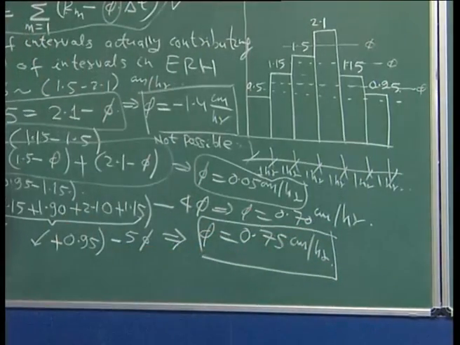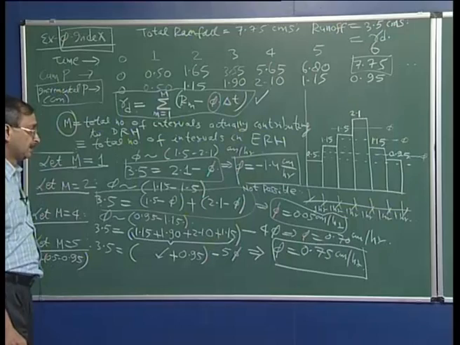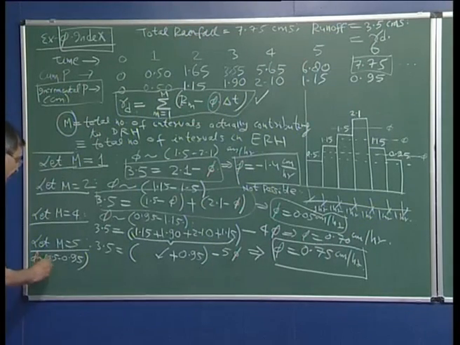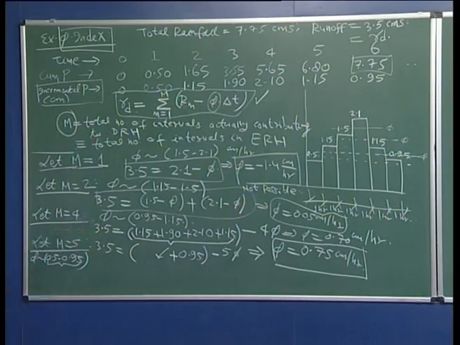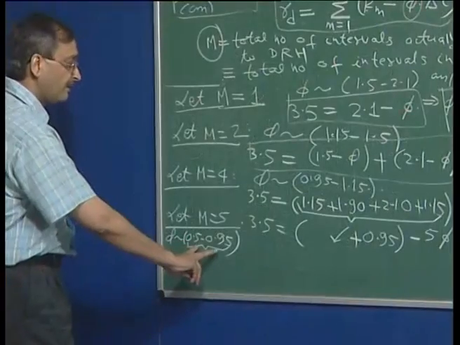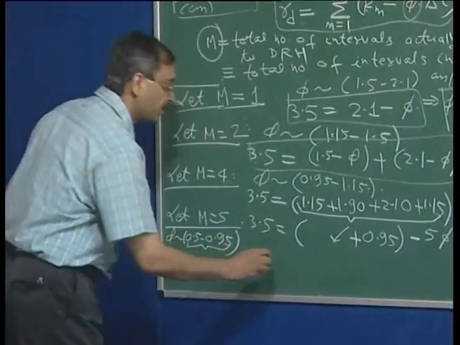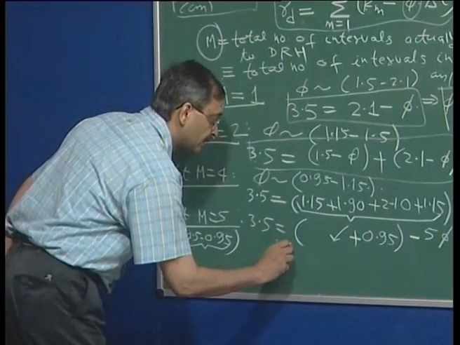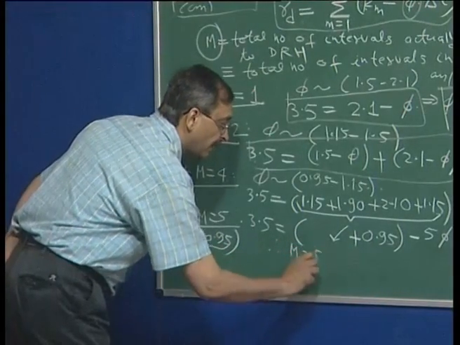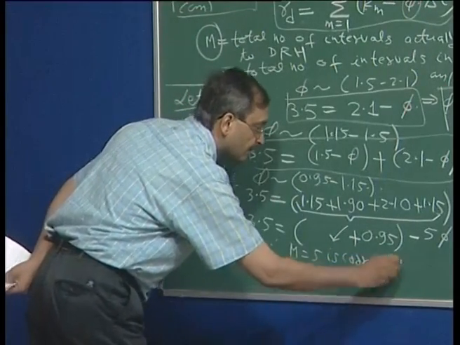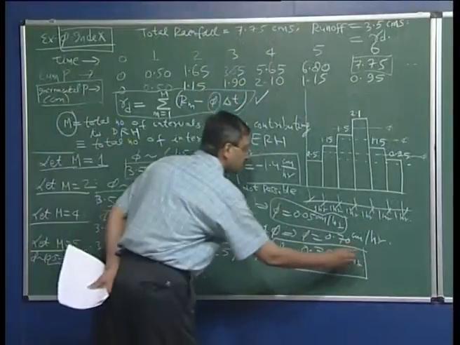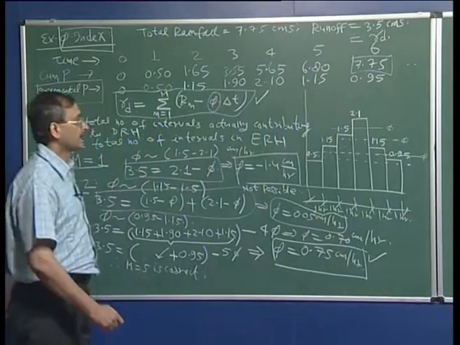Is this correct? Well, it is. Why? Because if you see the range, it is 0.75 centimeters per hour, which is in this. So, that means the assumption of m is equal to 5 is correct, and this is your answer.